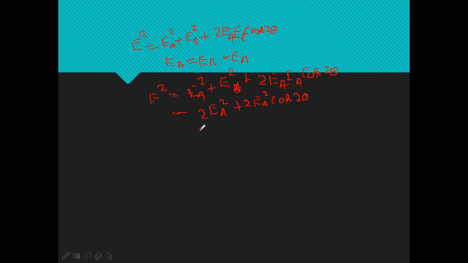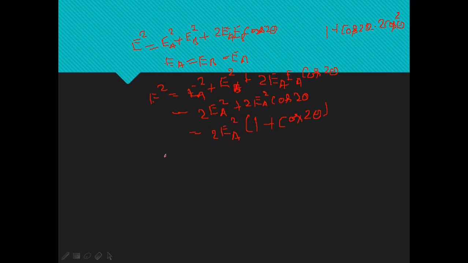Now this is equal to 2 EA square common, in 1 plus 2 cos 2 theta, and we know that the value of 1 plus cos 2 theta is equal to 2 cos square theta.